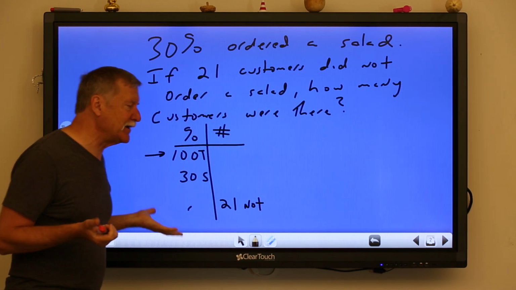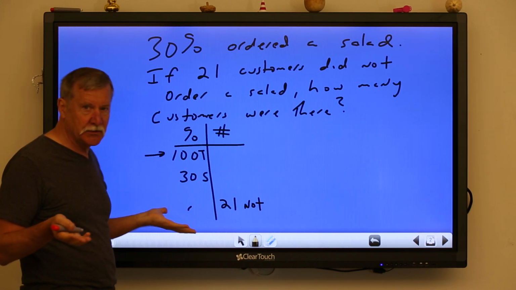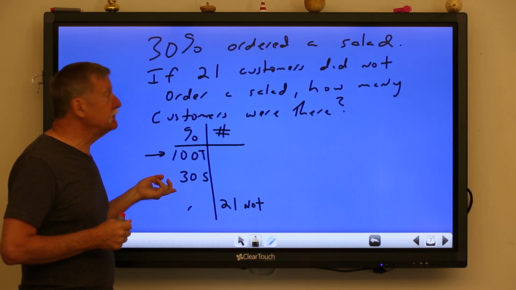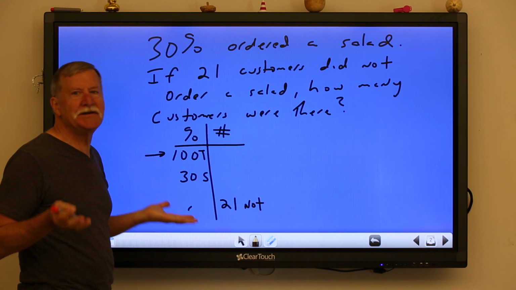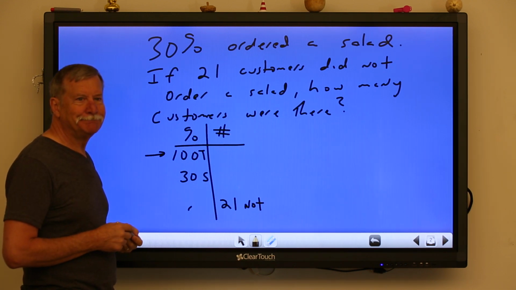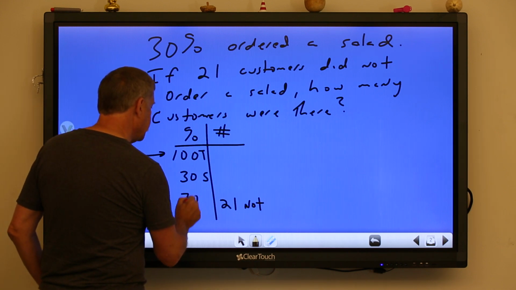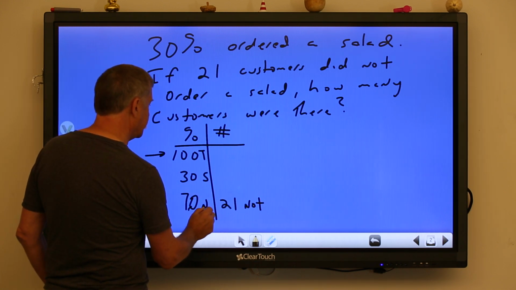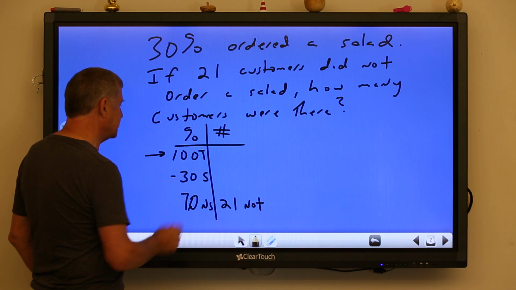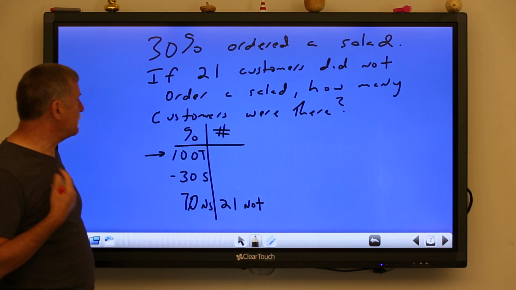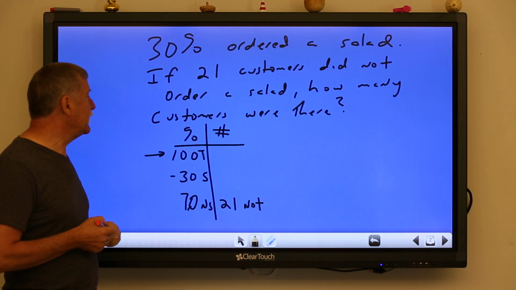But come on, if we know that there's 100% total, and 30% did order the salad, then what percent did not? You're right. 100 minus 30 says 70%, all right, did not order that salad. We simply subtract what we know from the beginning amount, and we get did not.